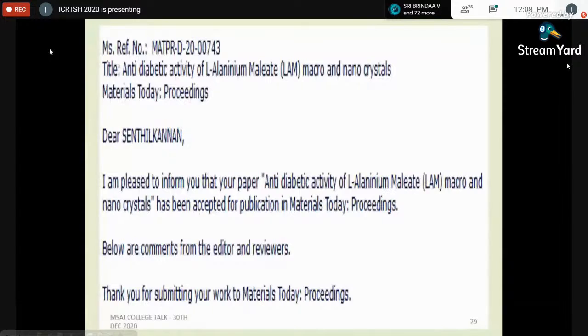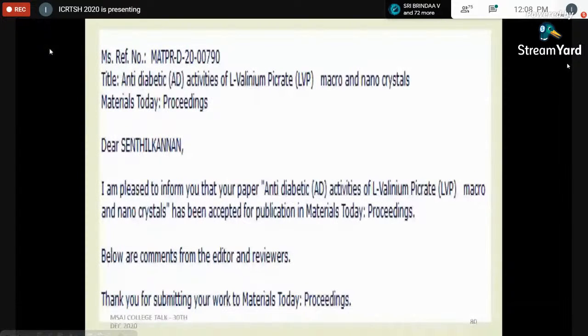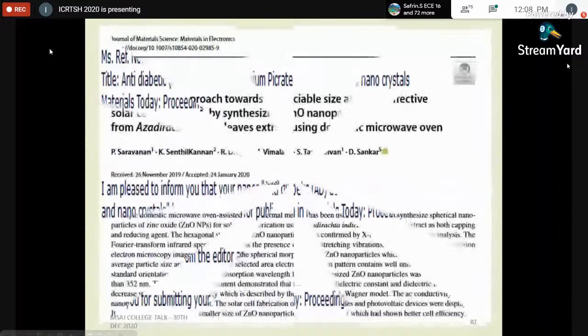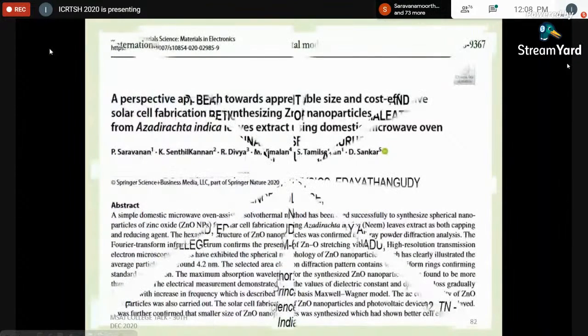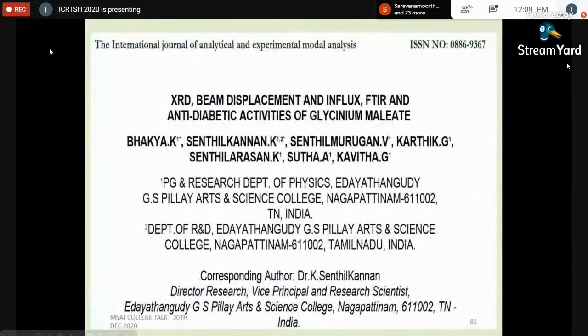Next slide. Yeah, this is also LVP from Materials Today Proceedings of Elsevier. Next slide. Yeah, this is the main one. So perspective approach of zero nanoparticles, from the previous slide, slide number 81.